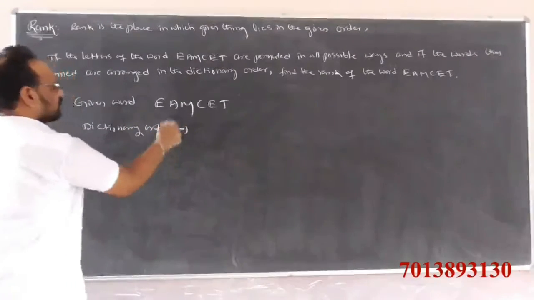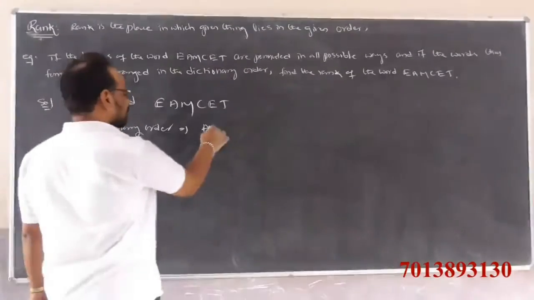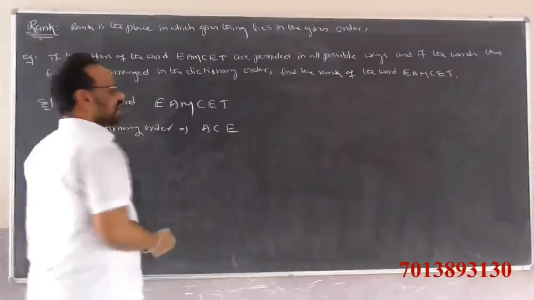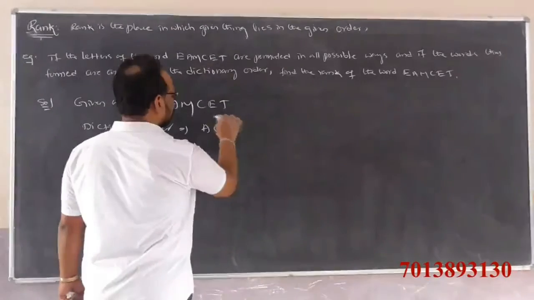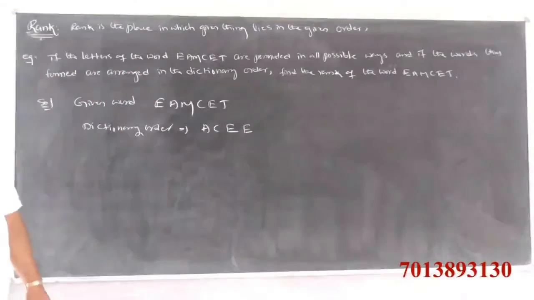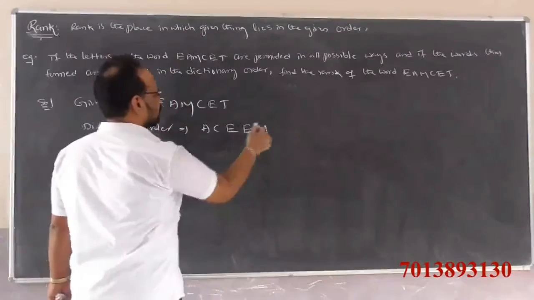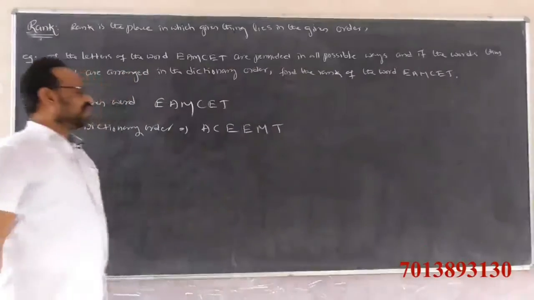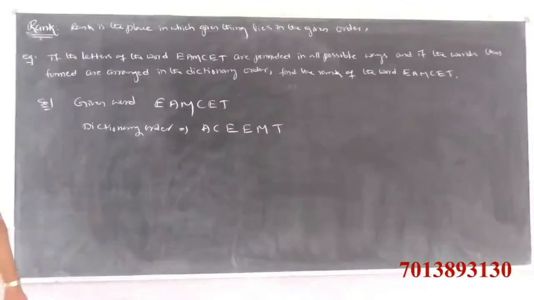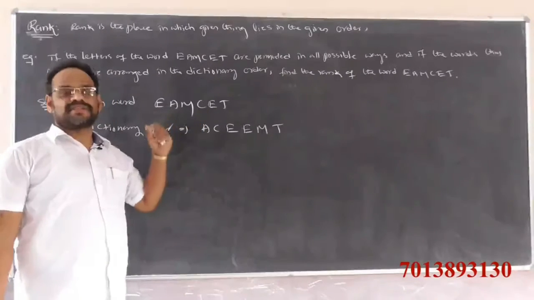First we get A, after that C, after that E. E is repeated 2 times, so take 2: ACE. After that we get M, after that T. So ACEEMT is the dictionary order.